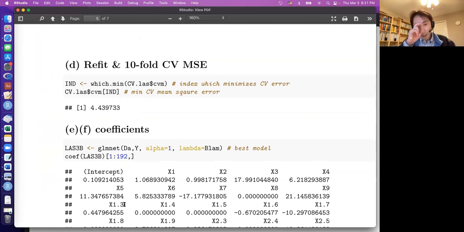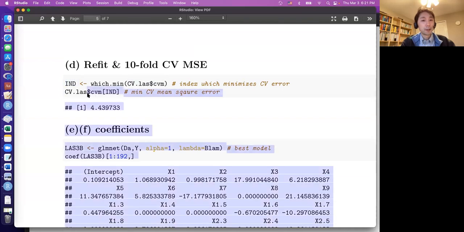Then what's the size of the mean square error? It has already been calculated in the cv.glmnet function. We choose the index which gives the best lambda.